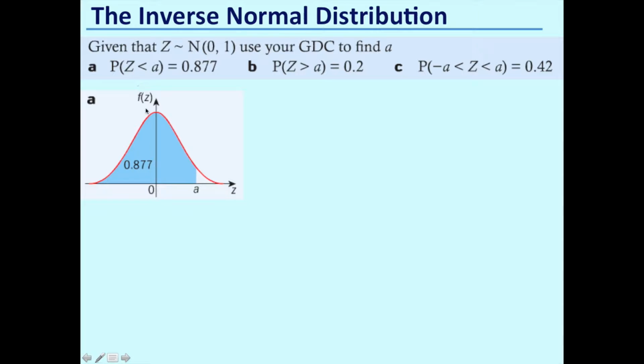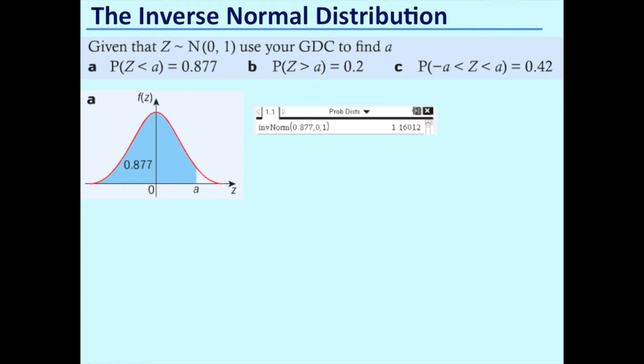So for instance, in this question, if you just have a look at the sketch intuitively, we know that the probability is 0.877. Given that the area under the entire curve is 1, we can see that we're looking at some value a of around about here. But how can we find out the exact value of a? Well, to do that, we can use the inverse normal distribution function on our calculator.